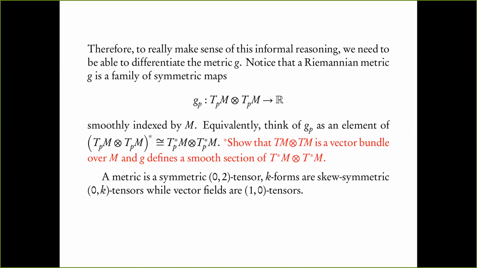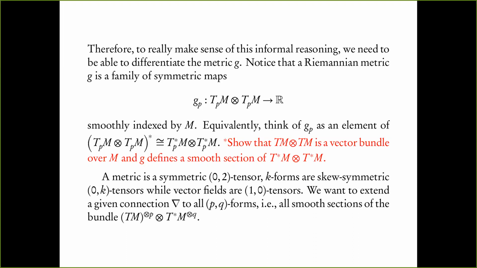So at every point P, this is an element of TPM. There's no contribution from T star. Similarly, multi-vector fields are k-0 tensors. There's no contribution from the cotangent part. This is just the basic nomenclature of tensors, and I'm just recalling this for you.